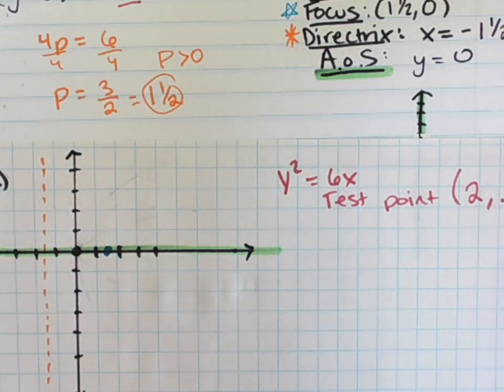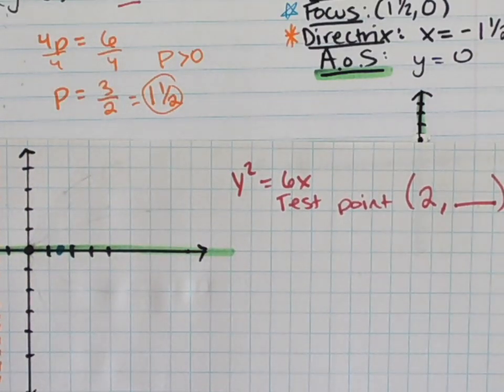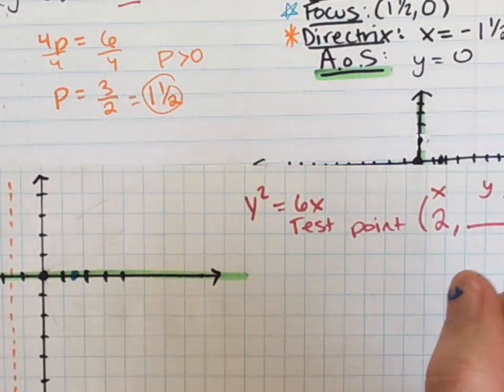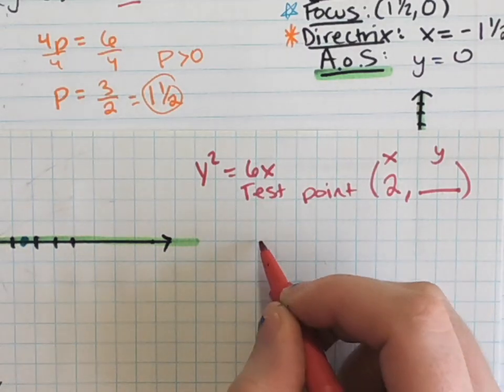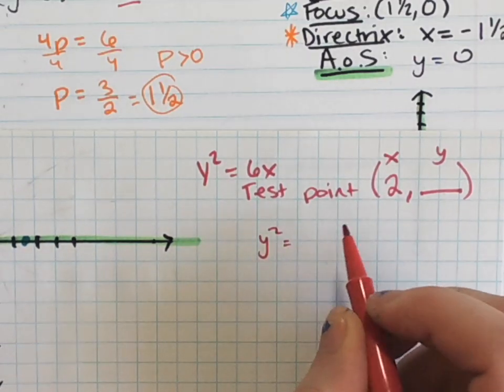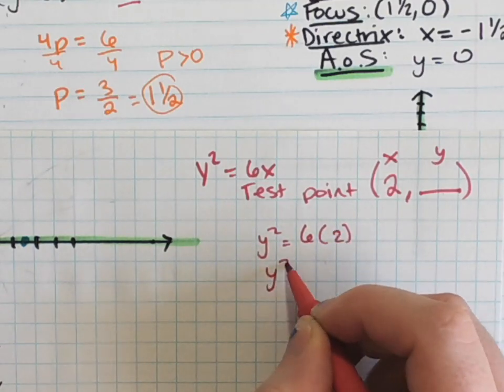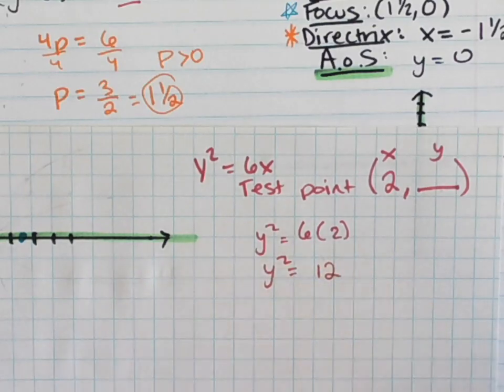That tells me at x equals 2, right there where my ruler is, I want to figure out what is the y value. So I'm just going to plug in 2 wherever I see an x, and then solve for y. So I get y squared equals 6 times 2. Y squared equals 12. Then I would take the square root of both sides.